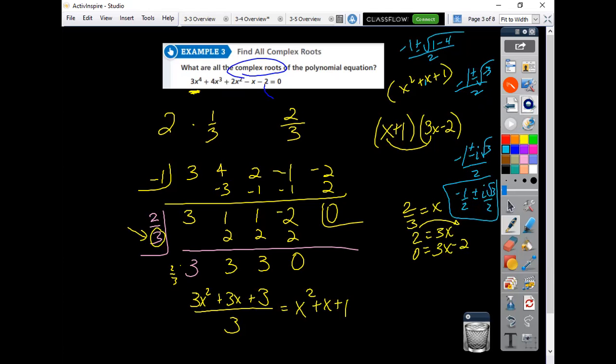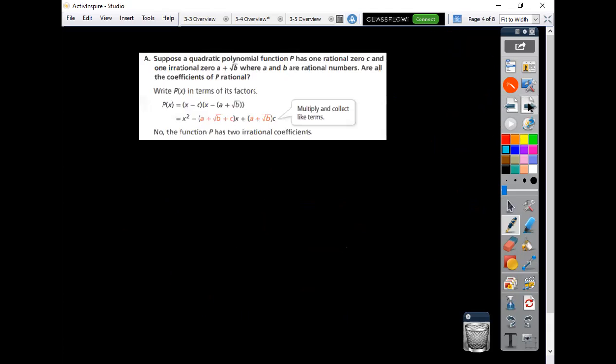All right, continuing on after that. Suppose a quadratic has p as one of the rational zeros and an irrational zero a plus the square root of b. Rational means like a regular number. So one of them could be like x minus 2.